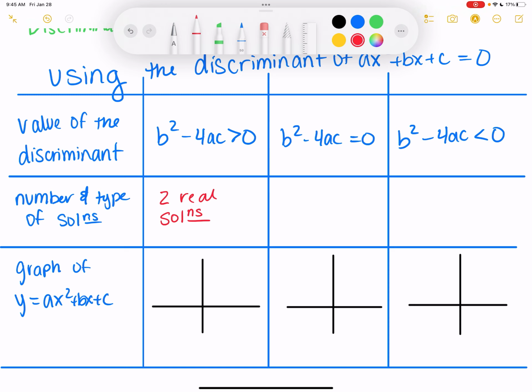So this bottom one goes with the 2 real solutions. The solutions are where it crosses the x-axis, so it's got 2 real solutions, which also means 2 x-intercepts. Okay, the intercepts are the solutions.